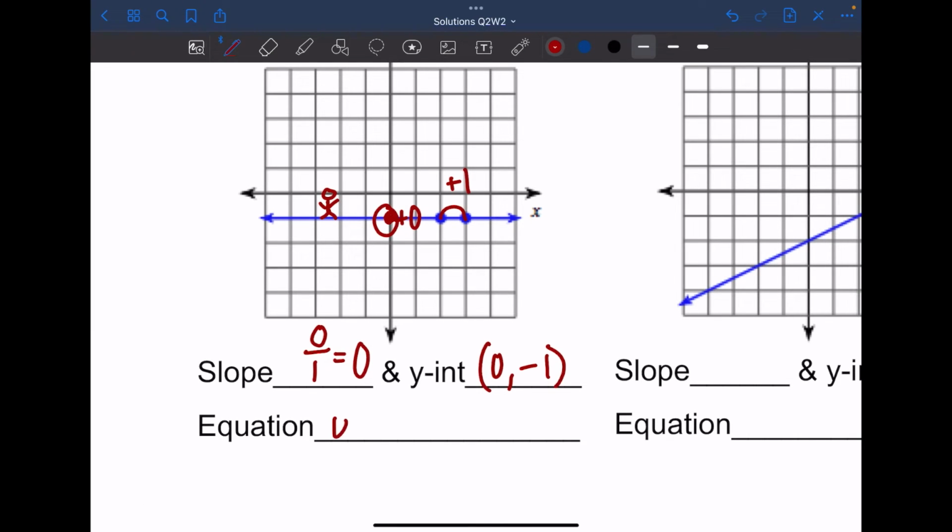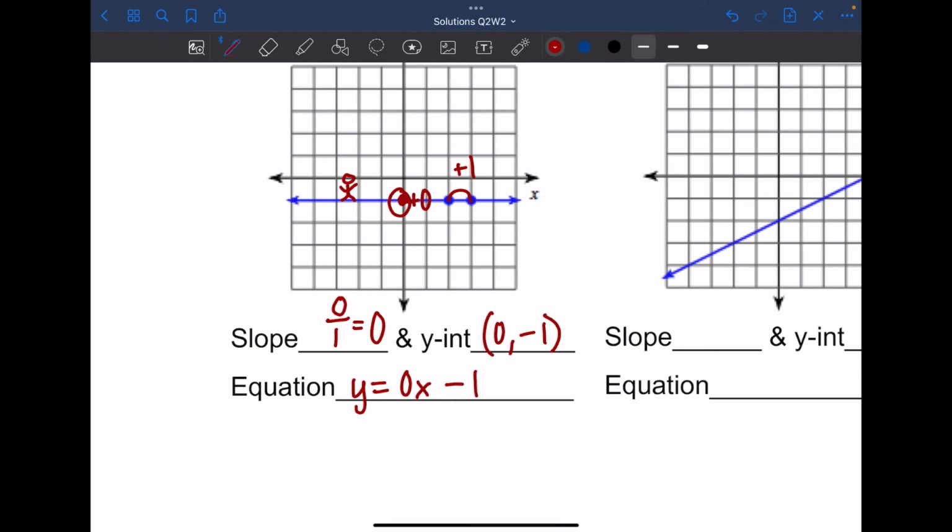So we'll have y equals, our slope is 0x, and then -1. Now what happens when you multiply anything by 0 is that it disappears, or becomes 0. So this is really the same thing as writing y equals -1. You don't need to include the 0 in front of the x, because you don't need to include the x term at all. So y equals -1.